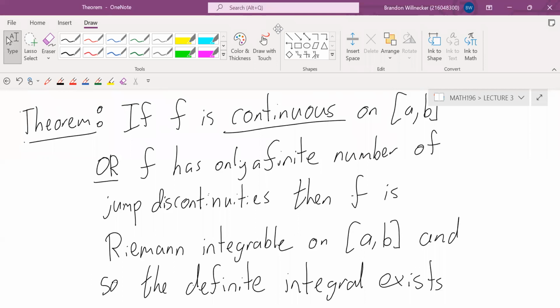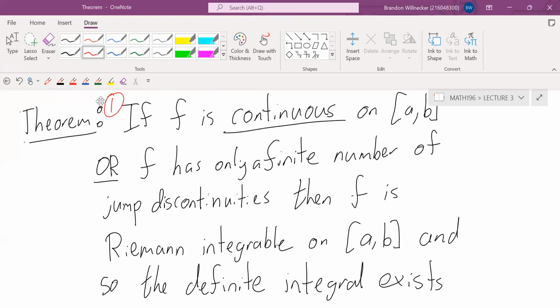So if we know that a function is continuous, then we can choose any sample points. Like I did in that previous example, I chose the right endpoint sample points and I got a value. Now this theorem tells me that I could have chosen any sample points and I would have gotten the same value, which is great. So that's the first thing. That's number one. If it's continuous, it's Riemann integrable.